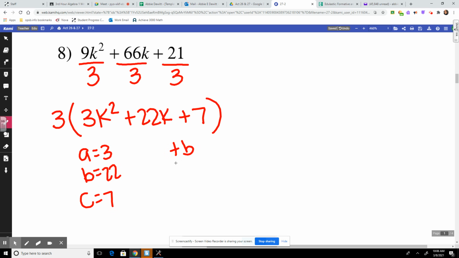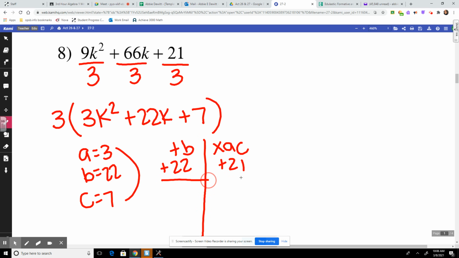What adds to B, positive 22, and what multiplies to AC, positive 21? You should automatically look at those two numbers and know they're 1 and 21. 1 and 21 multiplies to 21 and adds to 22. So my two numbers are 1 and 21.